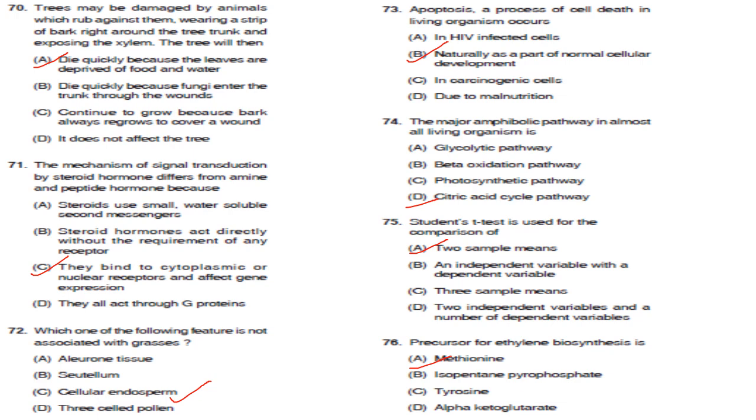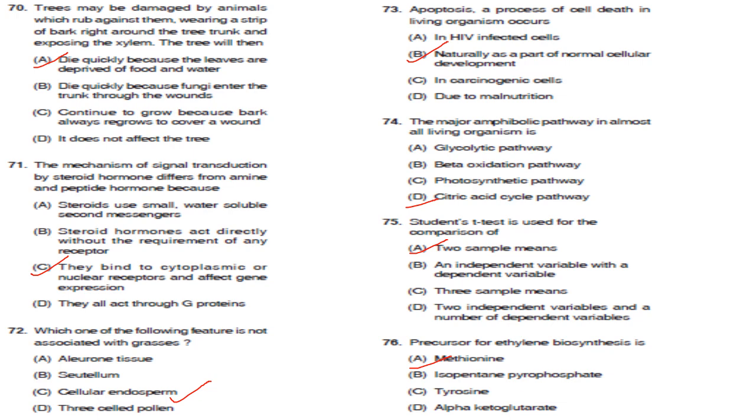The mechanism of signal transduction by steroid hormone differs from amine and peptide hormone because steroid hormones can easily diffuse through the cell membrane because they are hydrophobic in nature. These hormones bind to their receptor in the cytosol or nucleus, forming a hormone receptor complex, and this complex then enters the nucleus and binds to the target DNA and creates mRNA through transcription, which is then translated to proteins within the cytoplasm.